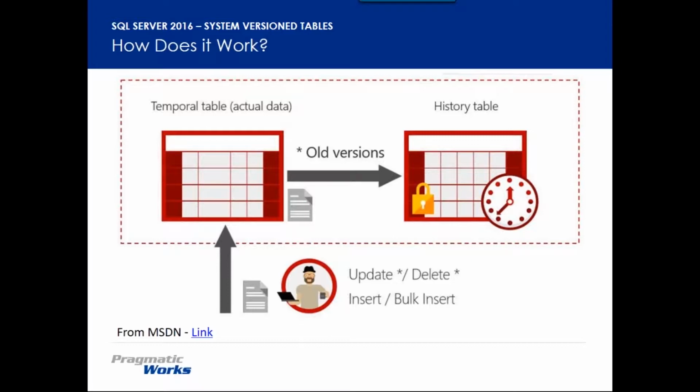So how do temporal tables work? In a lot of ways, depending upon how you look at it, they are just a regular table. But when you get into it, it is really two separate tables. You have what we call the temporal table, or what I call the actual or the current data, and this table is created just like any other table.